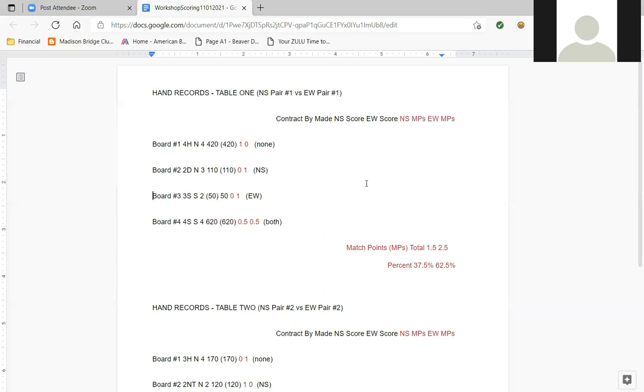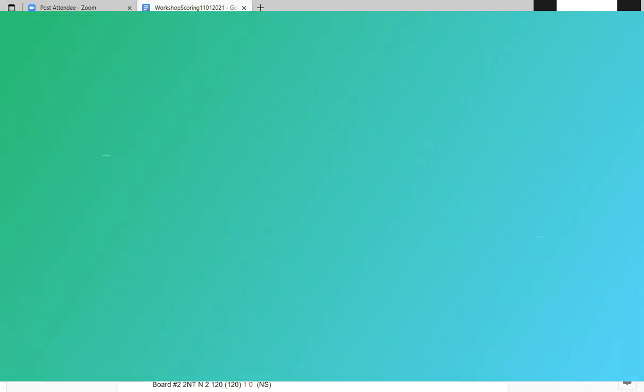I've given you the contract that each table played when they played the board. I've given you the result, and I've given you the score that they got as a function of doing that. And in duplicate bridge, that score that they earned is going to be converted into a thing we call match points.